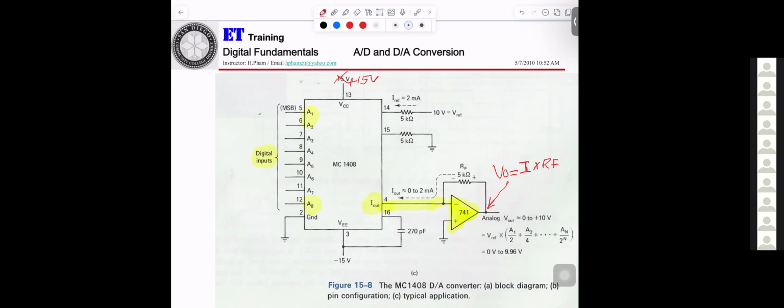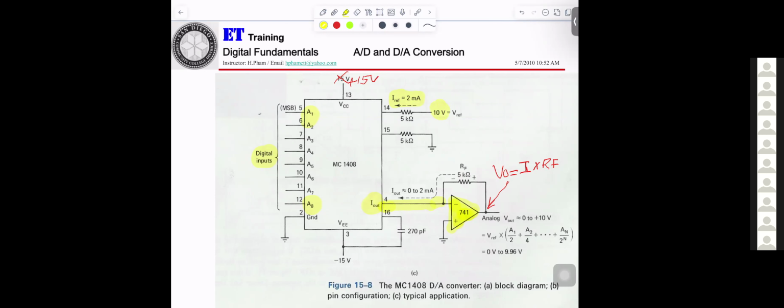Okay. Now, when you measure the output, you will get the voltage. Now, the important thing here: this is the connection outside.